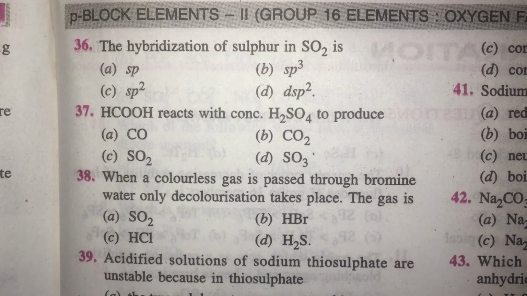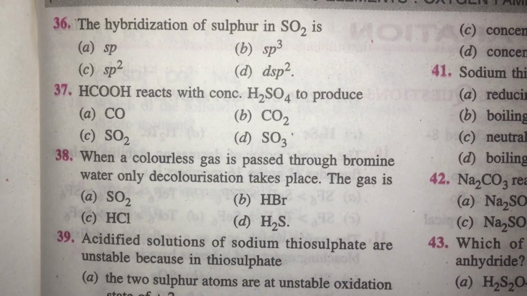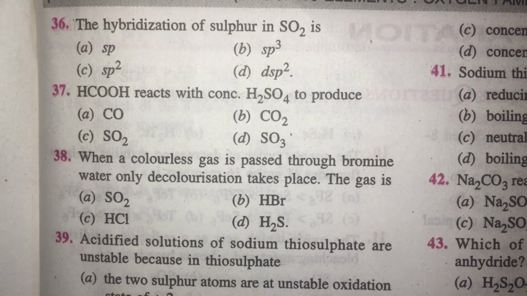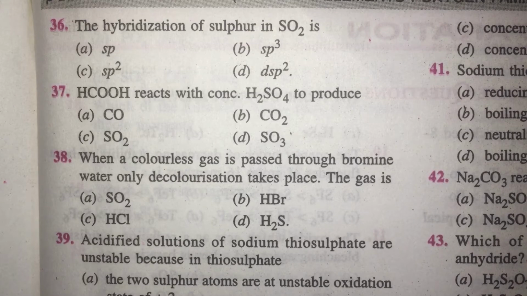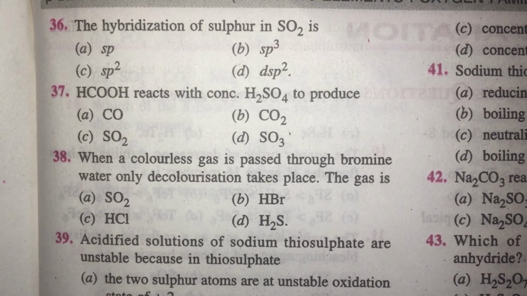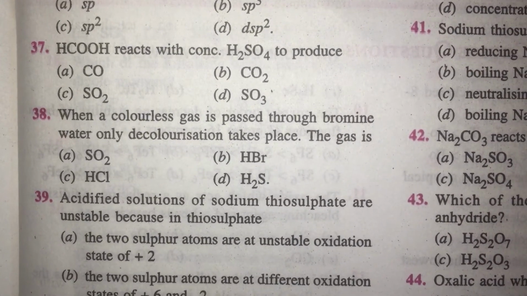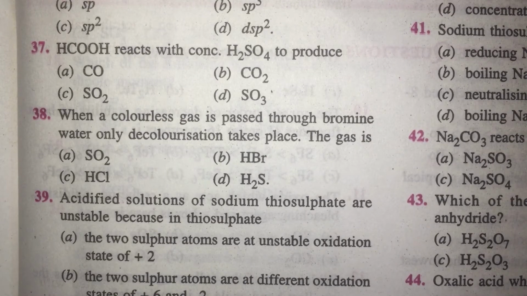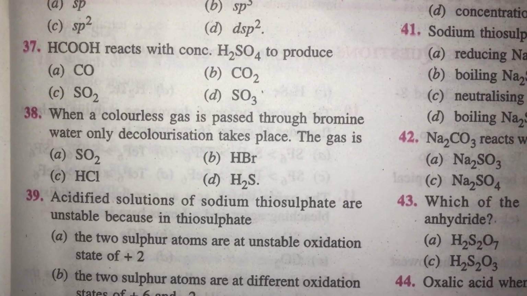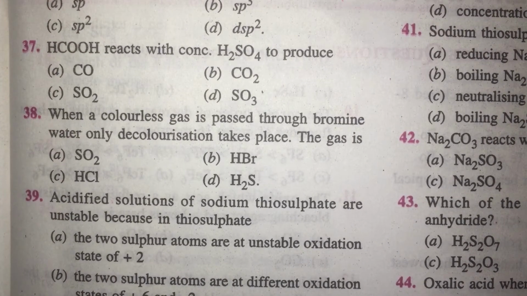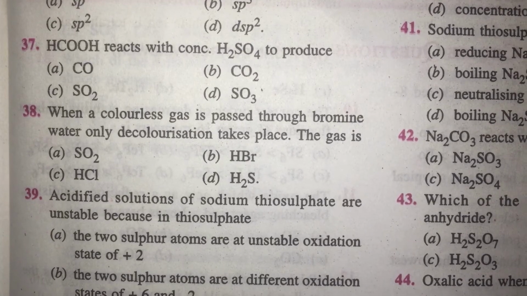Formic acid HCOOH reacts with concentrated H2SO4 to produce carbon monoxide. It is a method to prepare carbon monoxide. And when a colorless gas is passed through bromine water, only decolorization takes place. The gas is SO2. Bromine is decolorized as SO2 brings about reduction.